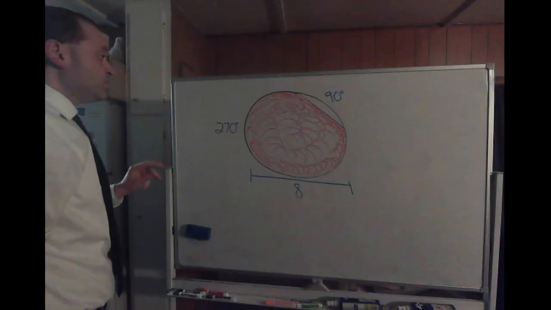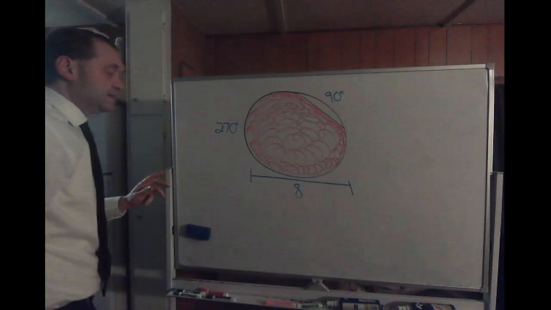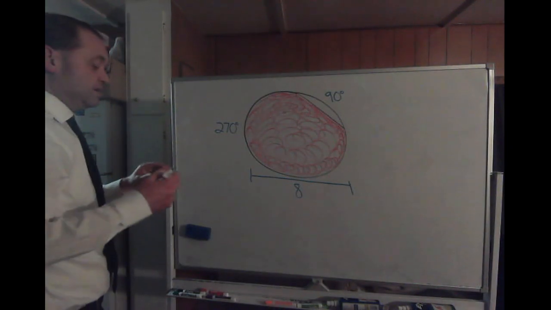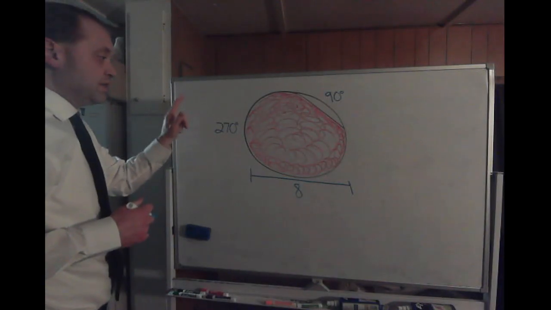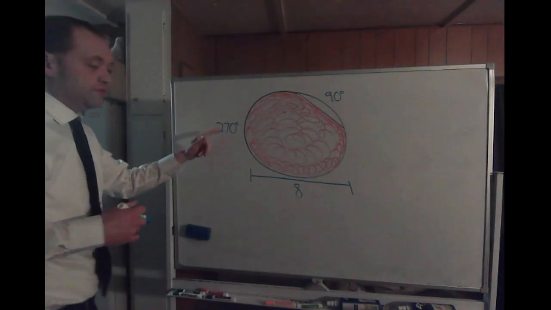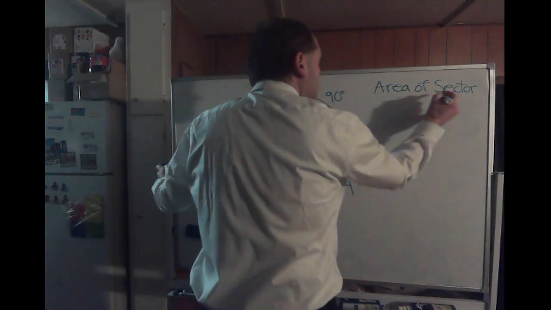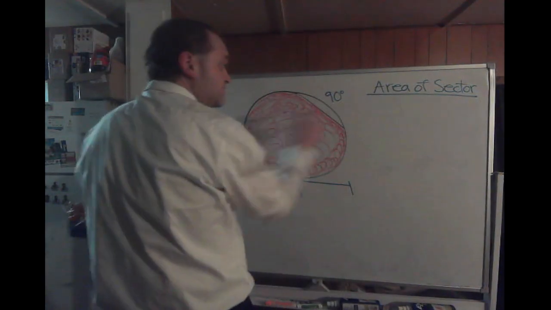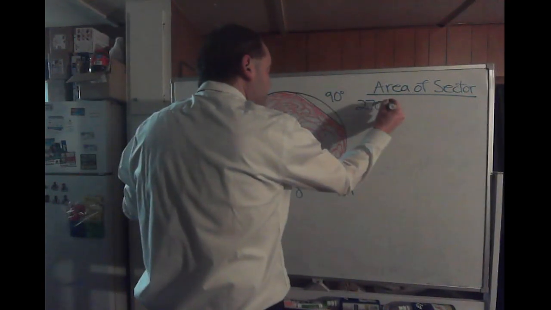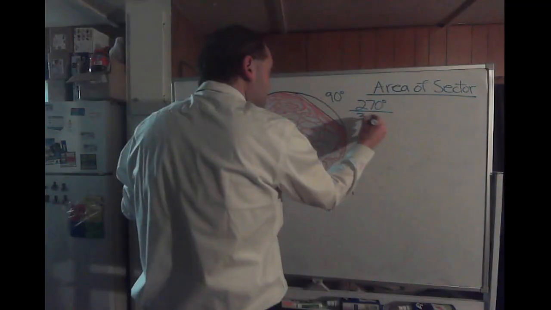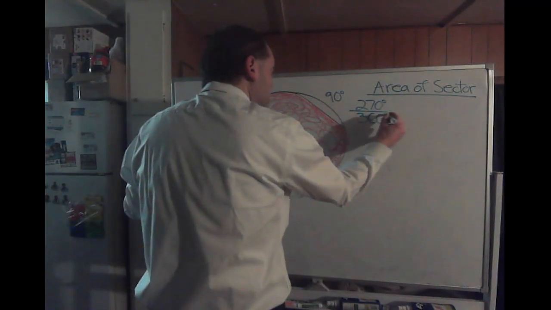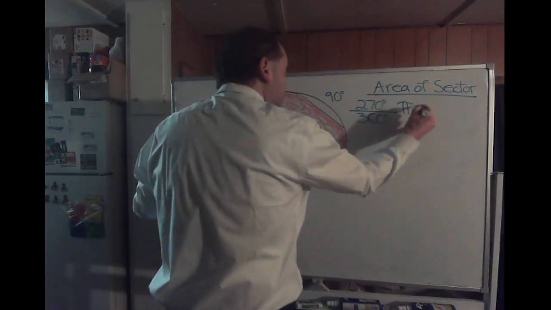So let's go ahead and find the area of the 270 degree sector. So the area of the sector in this case is going to be what? That 270 degree arc out of 360 degrees times pi times your radius squared.